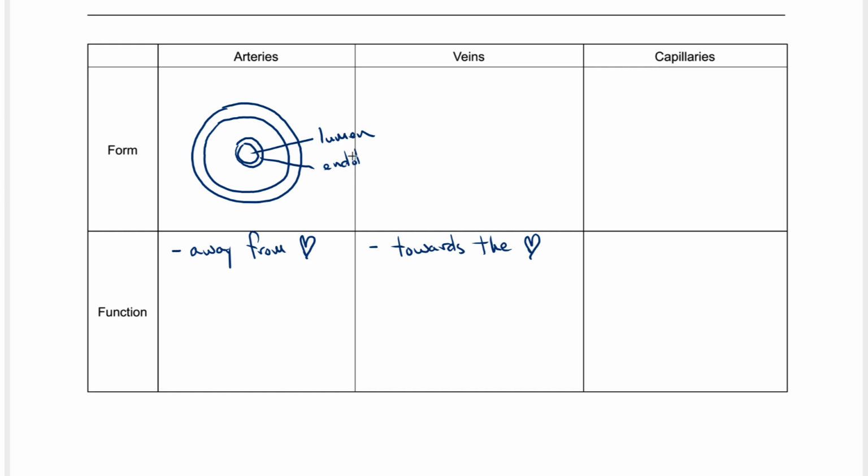The endothelium is the layer right next to where the blood flows. And then outside of that, there is a layer with muscle and elastic fibers. And then the outer layer is a thick layer of connective tissue.